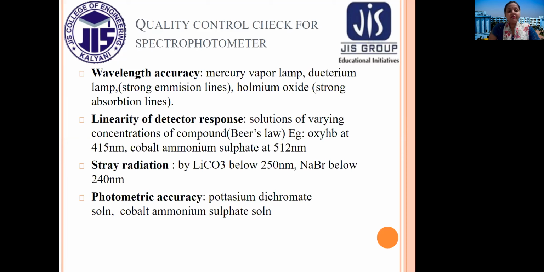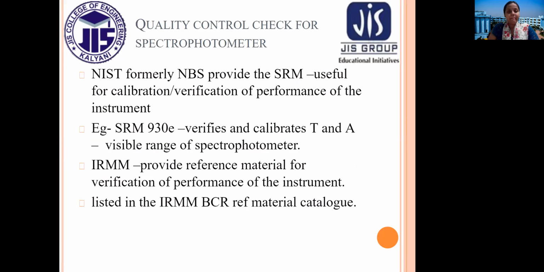Stray radiation: lithium carbonate below 250 nanometer, sodium bromide below 240 nanometer. And photometric accuracy: potassium dichromate solution, cobalt ammonium sulfate solution. NIST, formerly NBS, provides the SRM useful for calibration or verification of performance of the instrument.